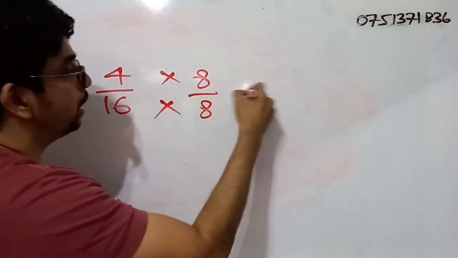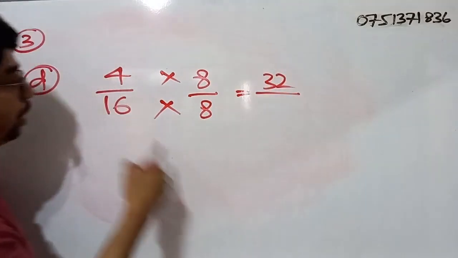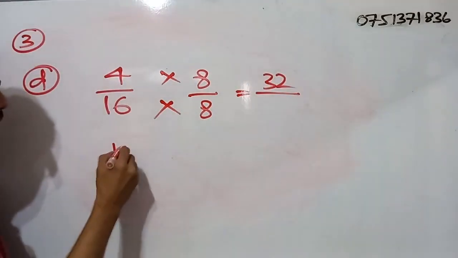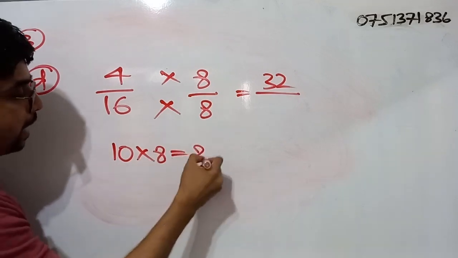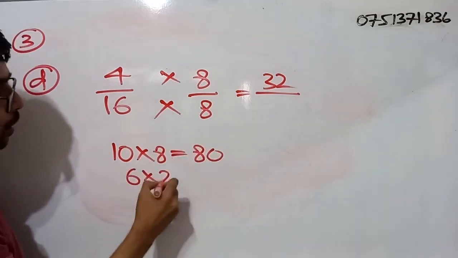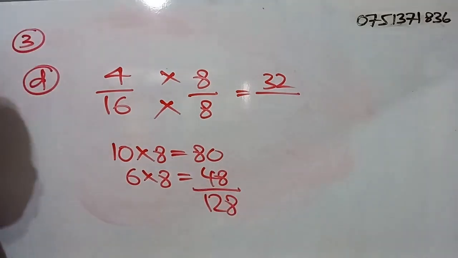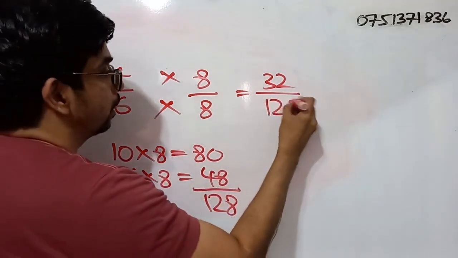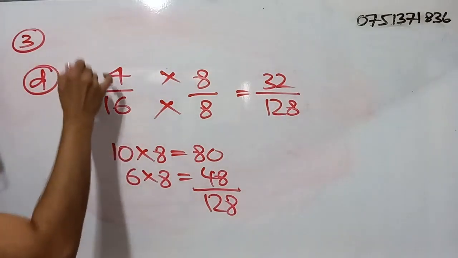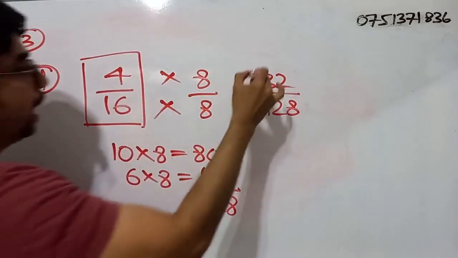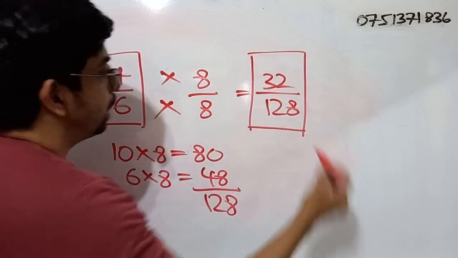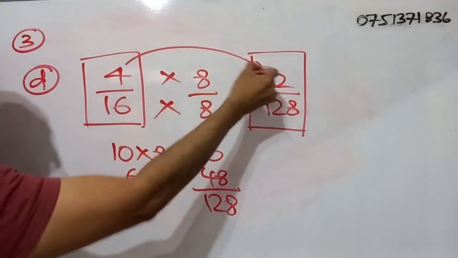So 4 into 8, we know that is 32. 16 into 8, what is that? 10 into 8, we know that is 80. 6 into 8, we know that is 48. 80 plus 48, we know that is 128. So that means 4 by 16 and 32 by 128, both are what?